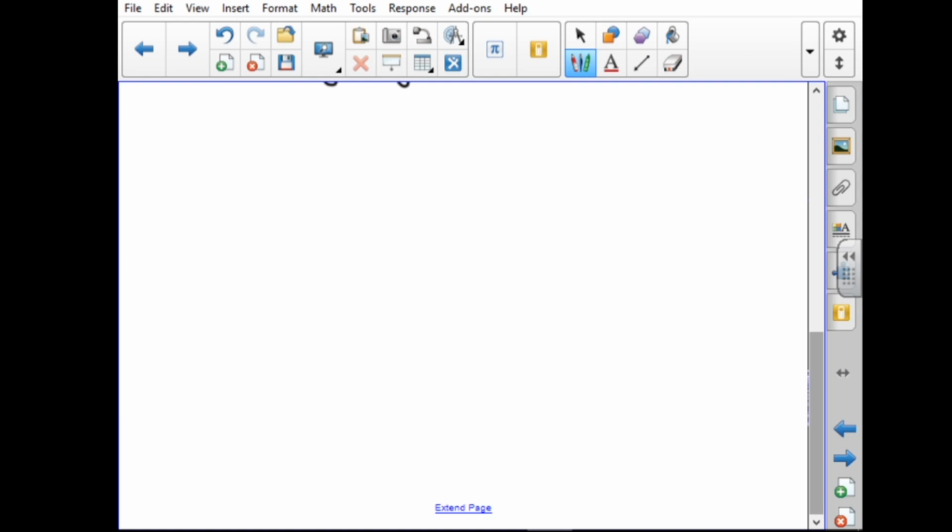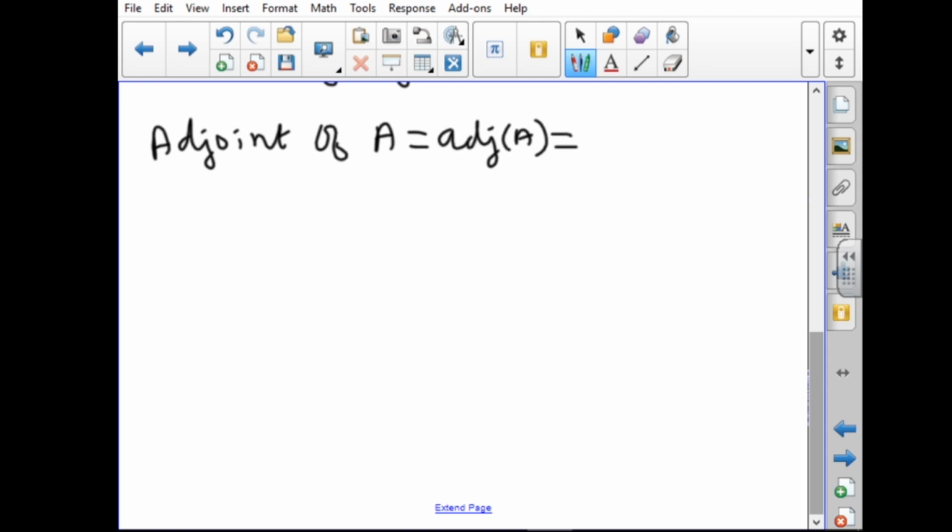Now we will see the adjoint of a matrix. The adjoint of A, in short we write it as adj A, is the transpose of the cofactor matrix Aij. So the transpose of the cofactor matrix gives you the adjoint of A. In this exercise we have a few theorems, which we will be learning later.